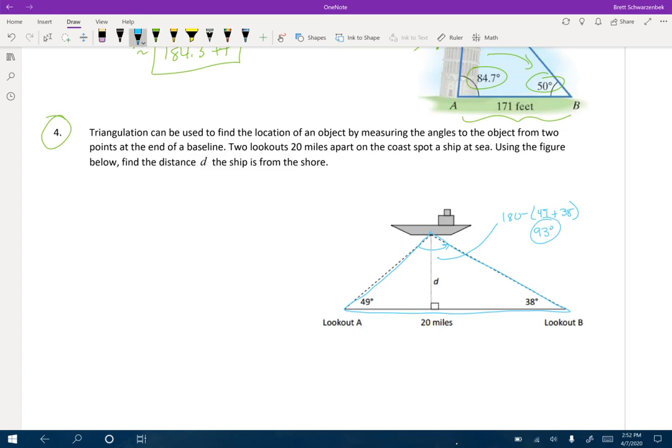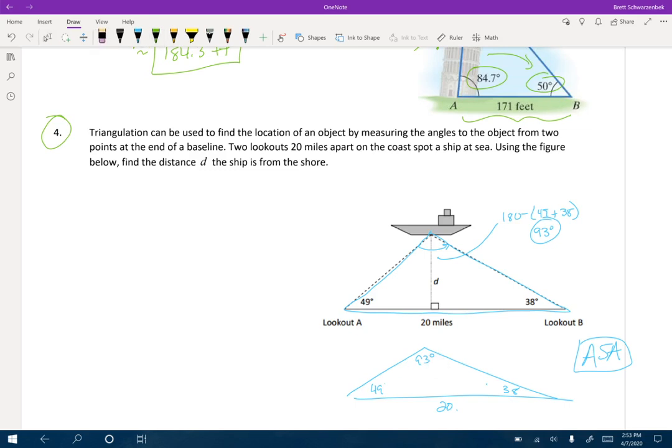So if we redraw this picture with a 93-degree angle, a 49 and a 38, and a 20 on this side, you should see basically that if we just ignore this for a second here, we're given 2 angles and the side between them, which is ASA, which means we should be able to use the law of sines in order to do this problem.